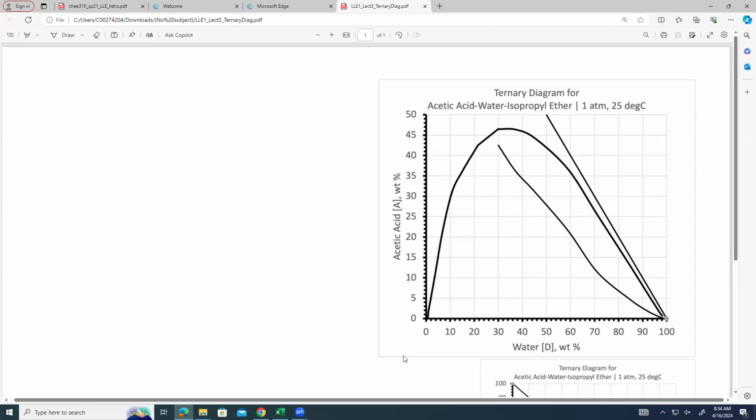But let's try the black. It's gonna be somewhere in the middle, so maybe about right here. That one is pretty close. So now that we have that, we can identify our points.